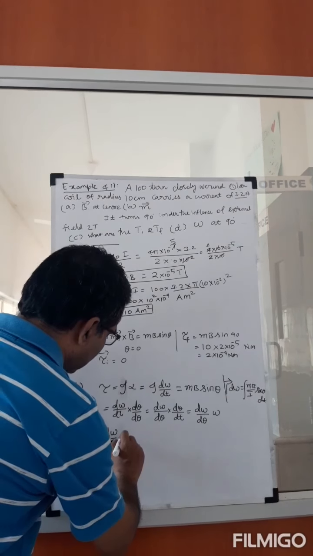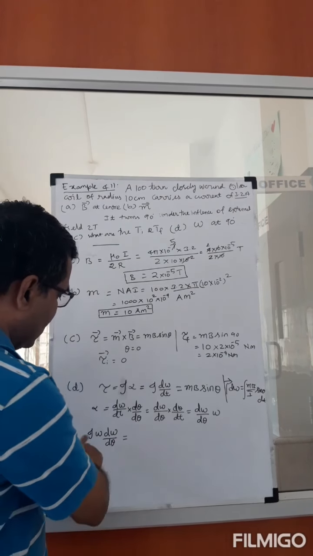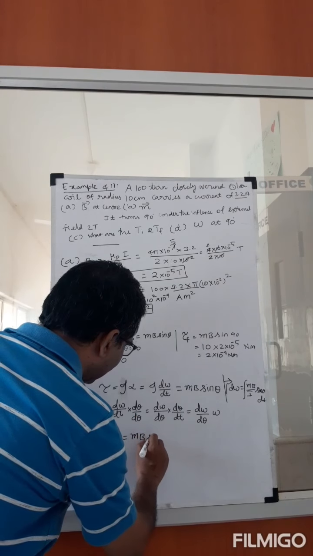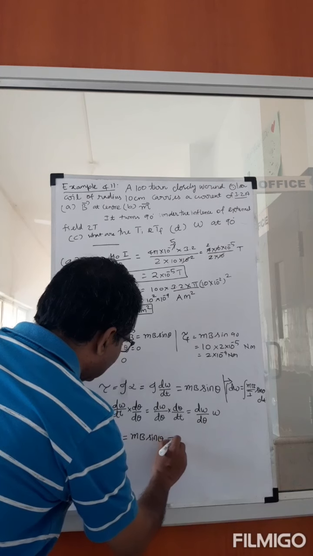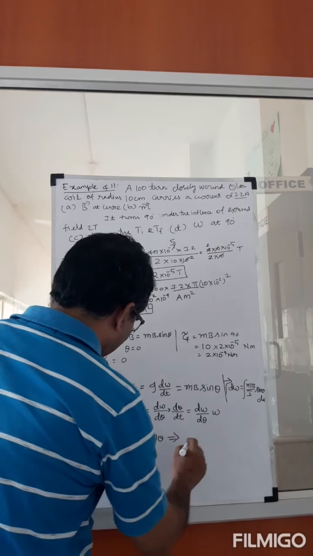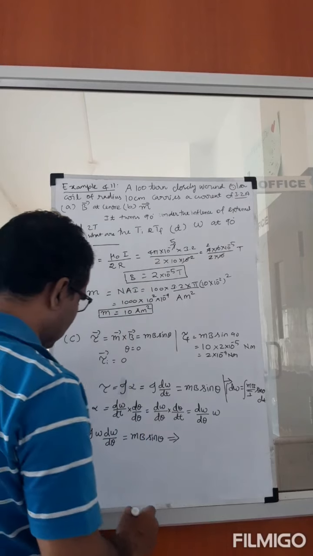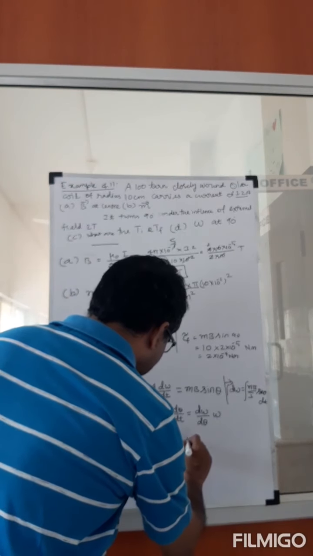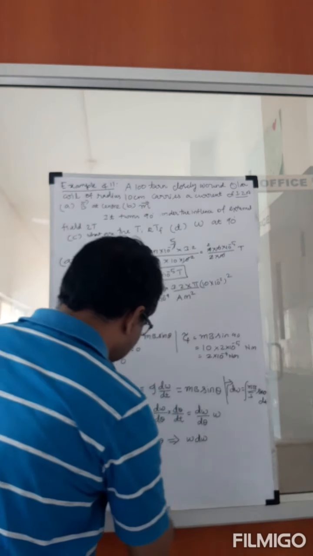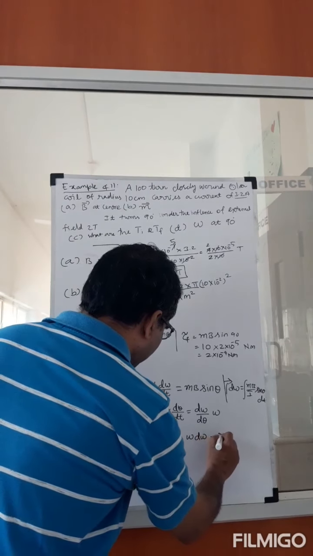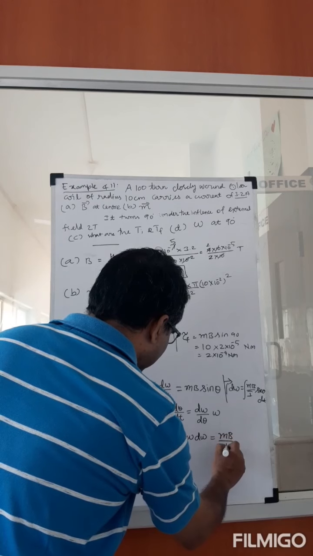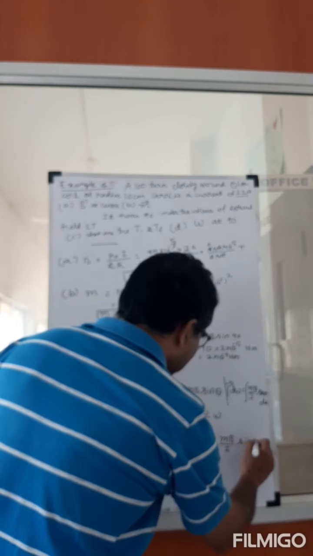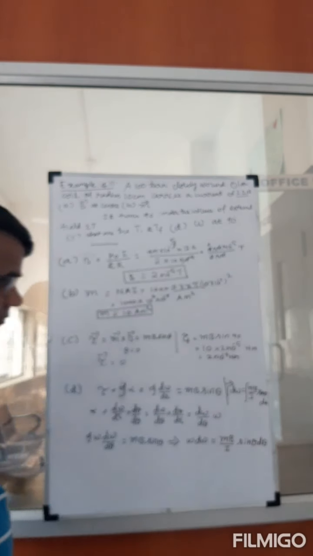That is equal to I alpha, that is equal to mB sin theta. So now it becomes much easier. mB sin theta. So this will give me omega d omega is equal to mB by I into sin theta d theta.